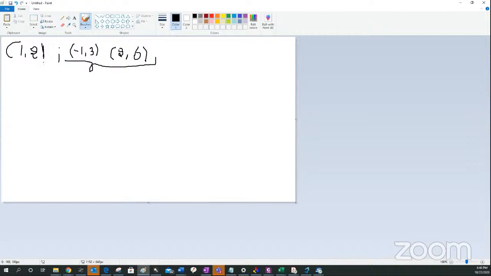We all know the slope is equal to y2 minus y1 over x2 minus x1.